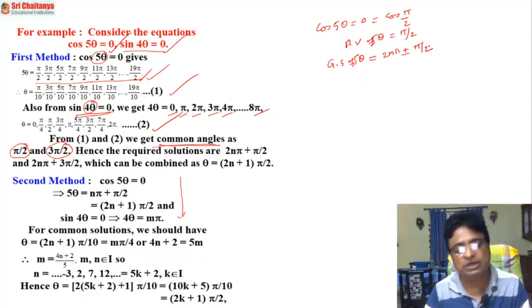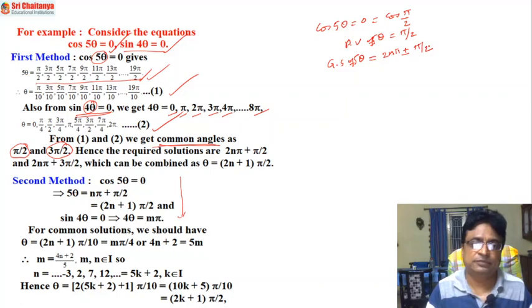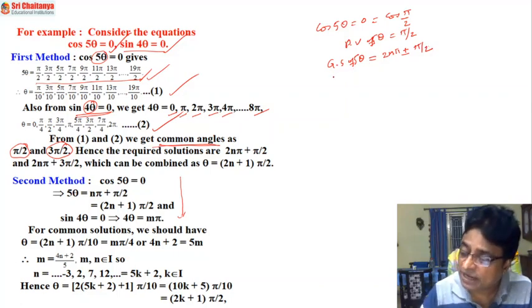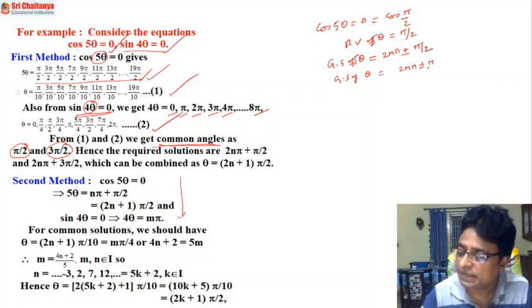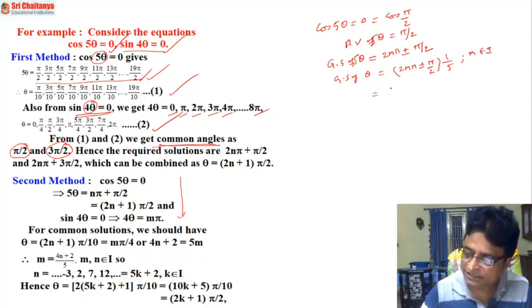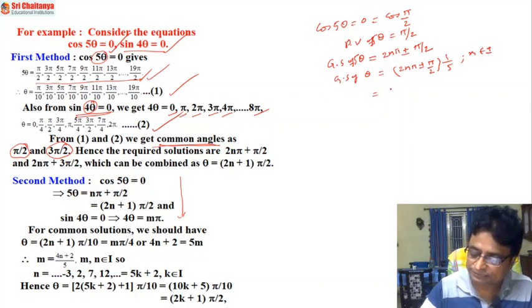This we have learned in stage 1. You just go through our previous video. But I want GS of theta. So GS of theta is equal to 2n pi plus or minus pi by 2 into 1 by 5, where n is an integer. After simplification, this becomes what?